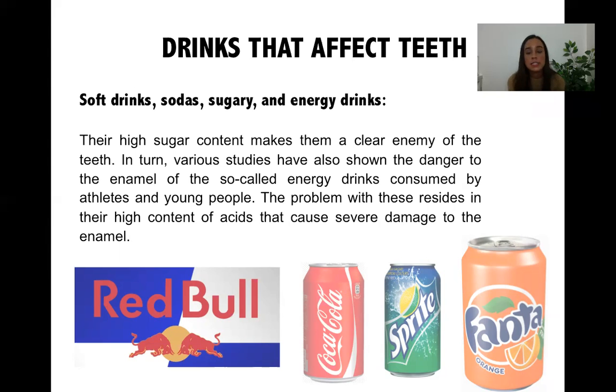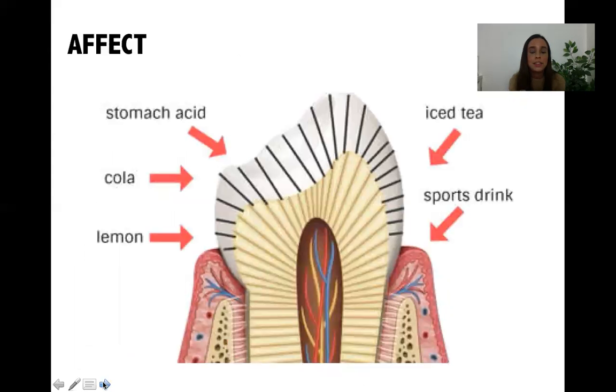The problem resides in their high content of acid that causes severe damage to the enamel. For example, Monster, Red Bull, Coke, Sprite, Fanta, and others. This is how energy drinks and sodas affect your teeth.